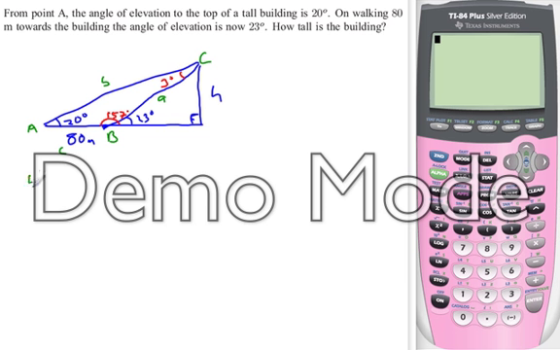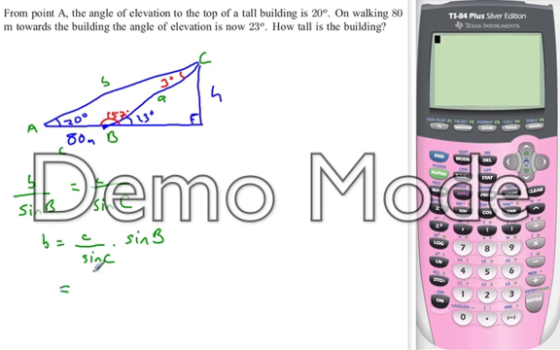Little b, which is what I'm working out, divided by sine B equals little c divided by sine C. So b equals c divided by sine C, multiplied by sine B to get b on its own.